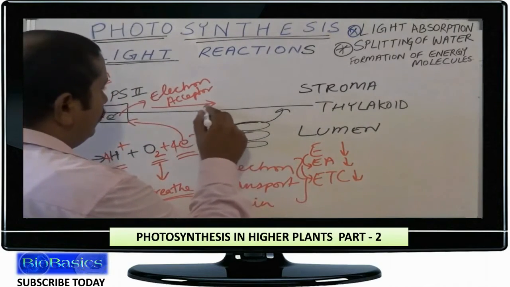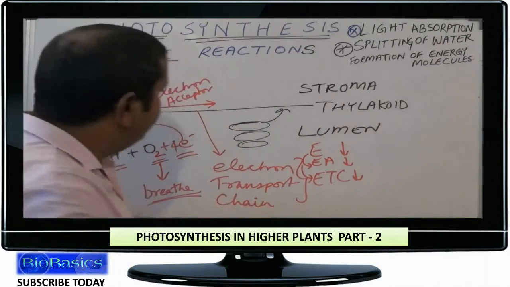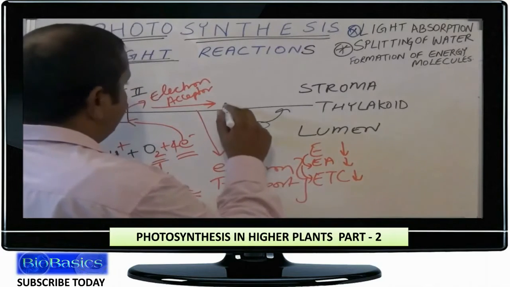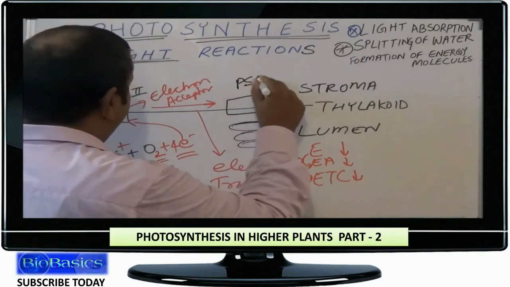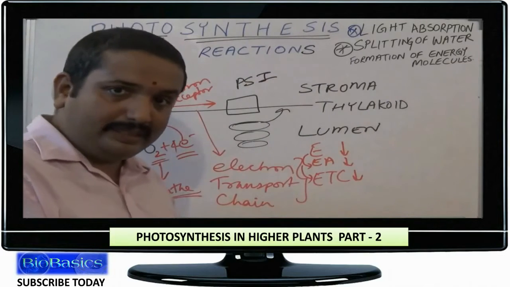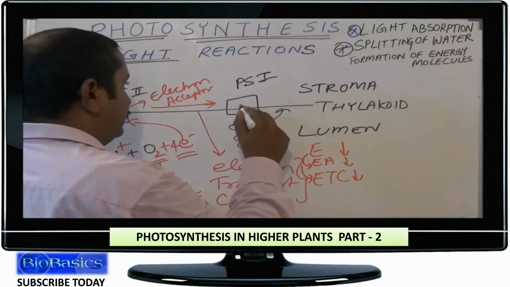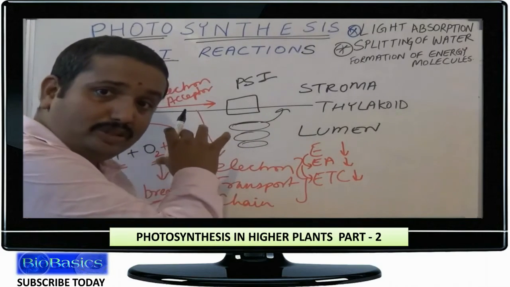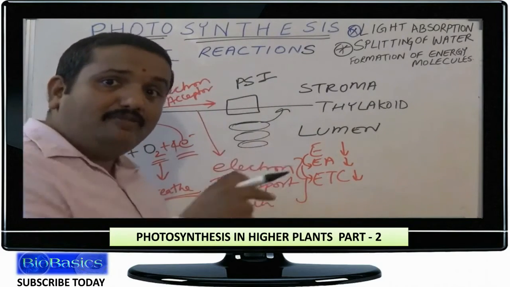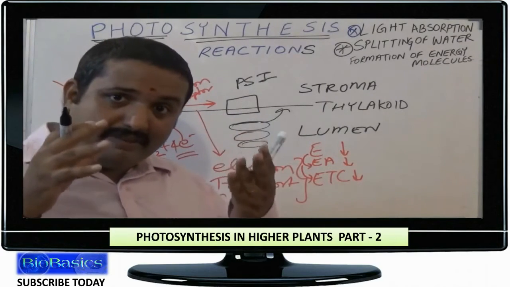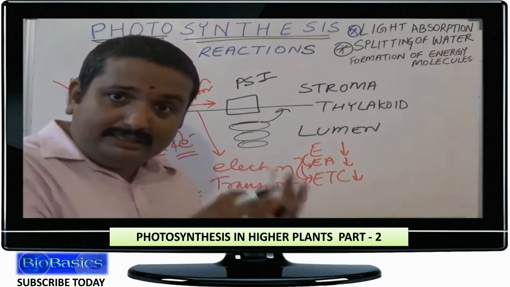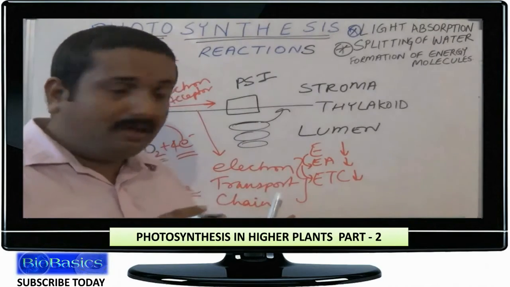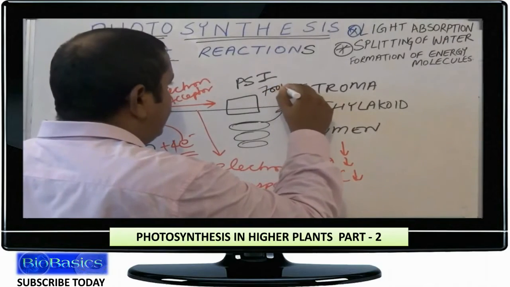And where does it go? Where does the next train stopping end? It stops at another photosystem called photosystem 1. Okay, here what you should understand is, this is a similar system to photosystem 2, but here instead of being able to absorb light at a wavelength of 680 nanometers, this system is so designed that it can only absorb light at a wavelength of 700 nanometers.